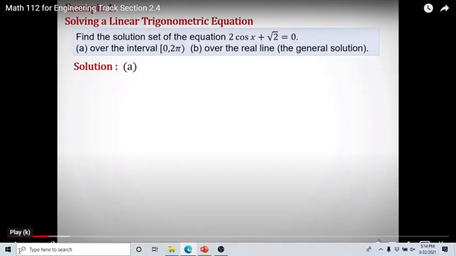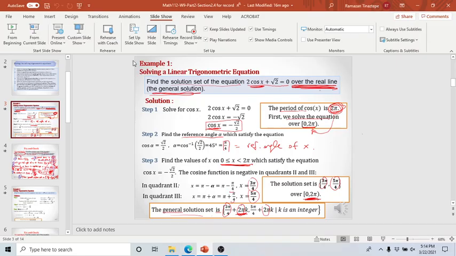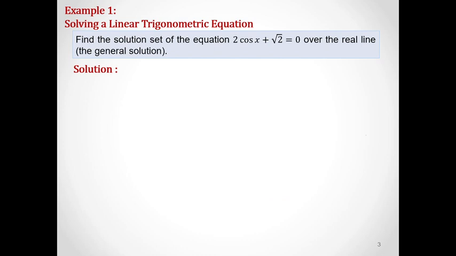Now, let's look at this example. Find the solution set of the equation 2 cosine x plus square root 2 equal to 0 over the real line. When it says over the real line, it's asking you to find the general solution.